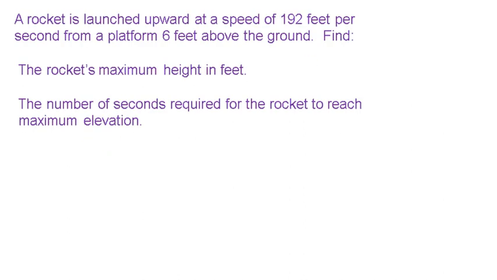Next problem. A rocket is launched upward at a speed of 192 feet per second from a platform 6 feet above the ground. Find the rocket's maximum height in feet, and the number of seconds required for the rocket to reach maximum elevation. For this, we have to know, and you're going to be given this, that when you have projectile motion in feet, h of t equals negative 16 t squared plus v sub 0 t plus h sub 0.